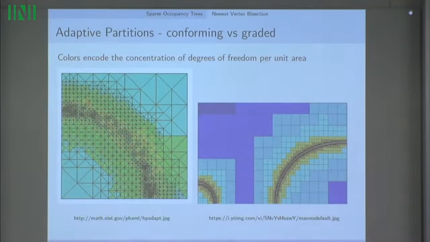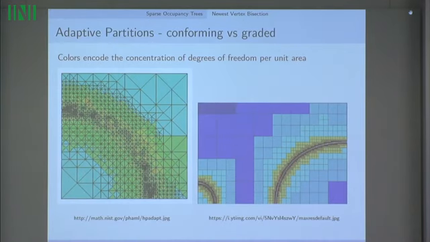First, let me say that this is a conforming mesh. Here we have some concentration, some singularities, which is why we want to concentrate the degrees of freedom in this part. This is the alternative way, when we do the dyadic subdivision.